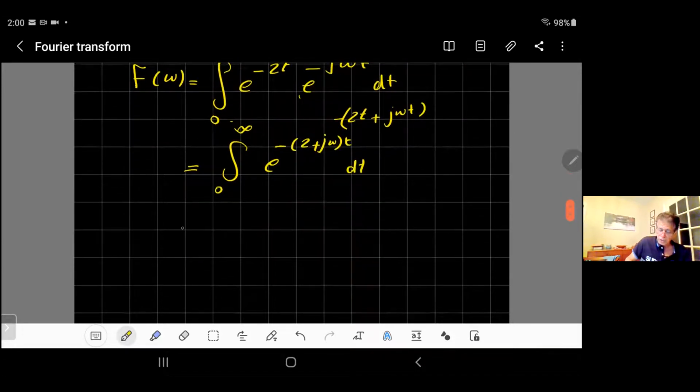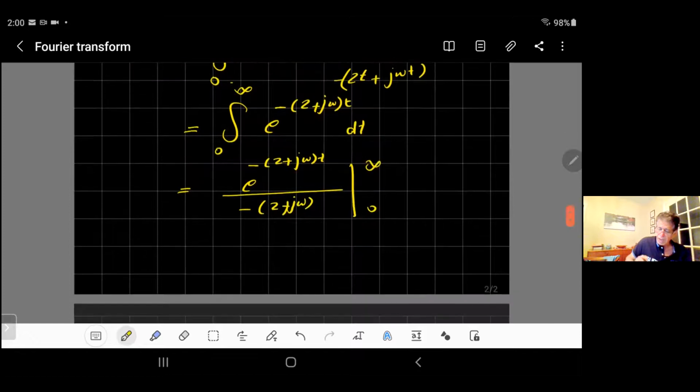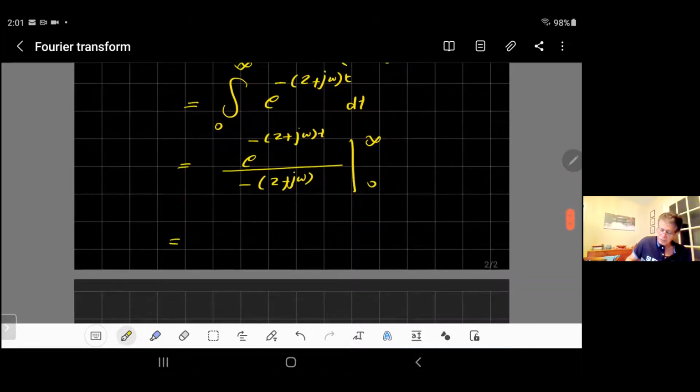Then now we'll find the integration. It's very simple. It will be e^(-(2 + jω)t) divided by -(2 + jω), with the limit from 0 to infinity.